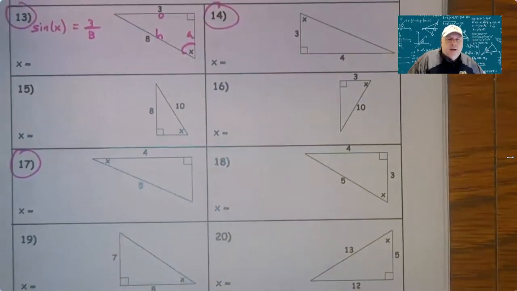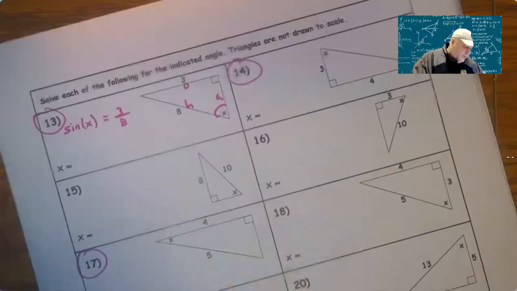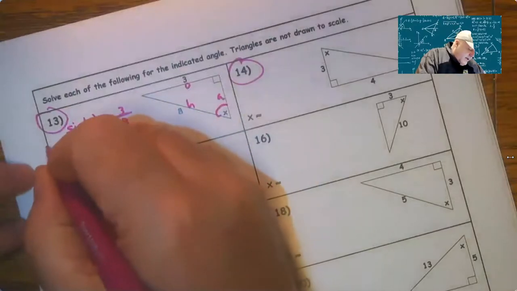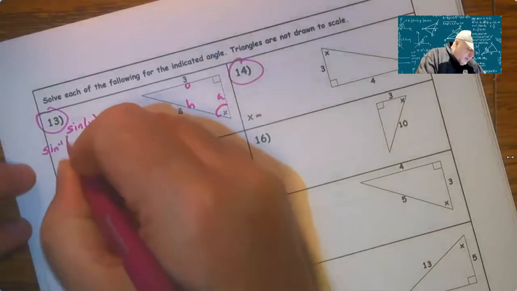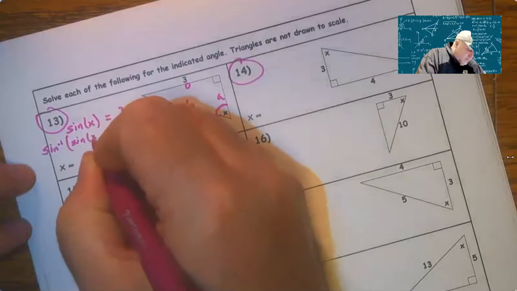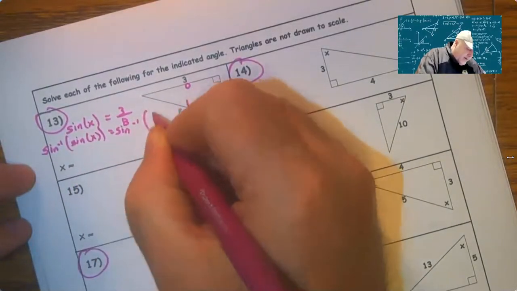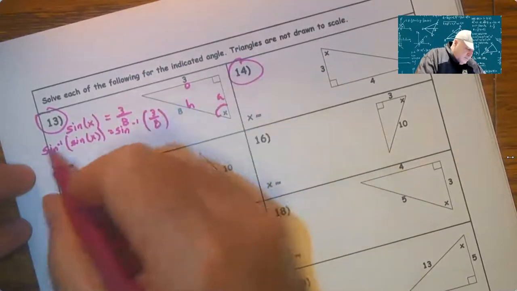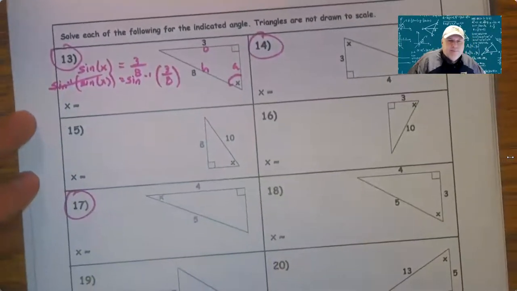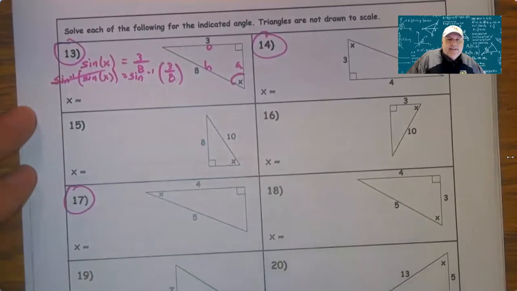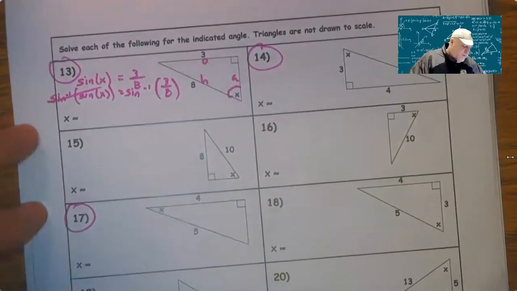So how do you solve for X? You have to take the sine inverse of both sides. You don't have to write this out every time, but this is what's going on. You take the sine inverse of both sides, and on the left it knocks out the sine. So X is sine inverse of 3/8.